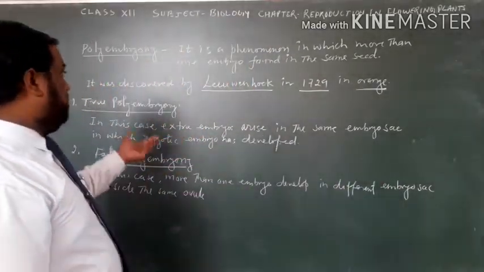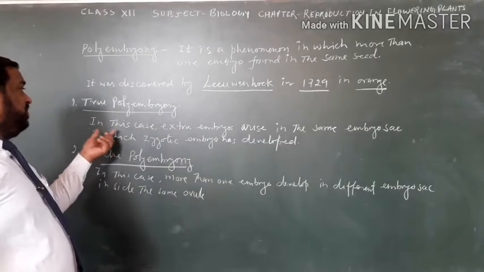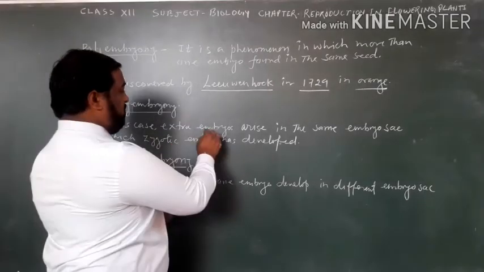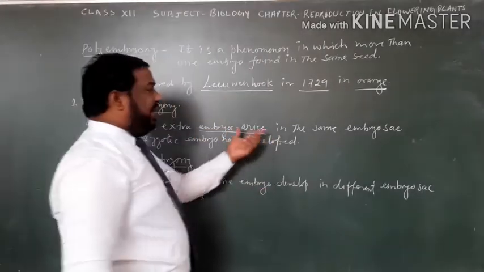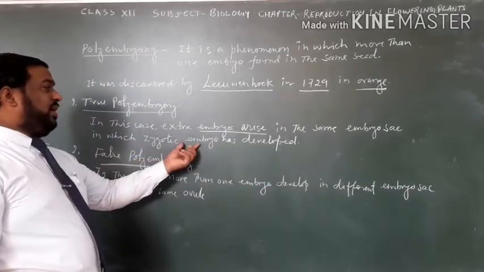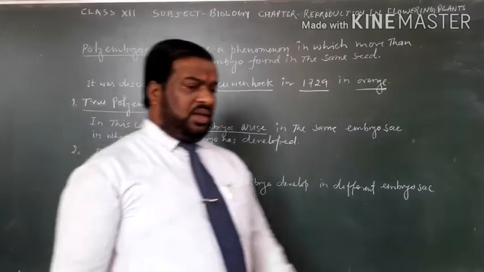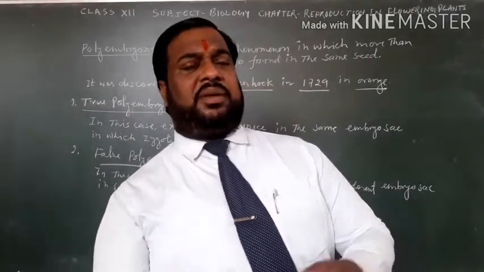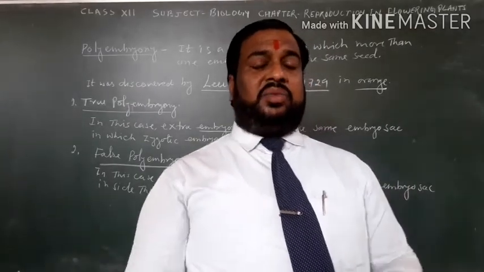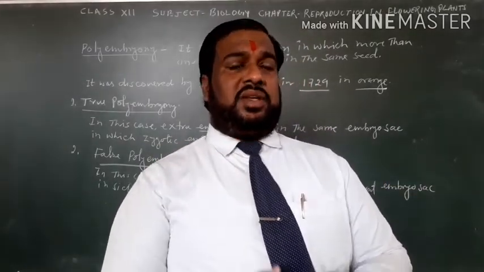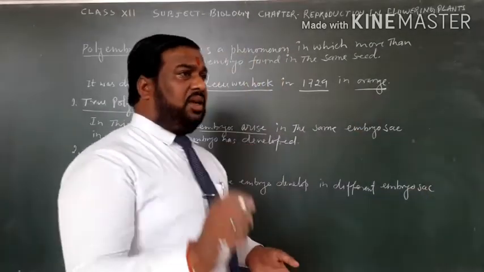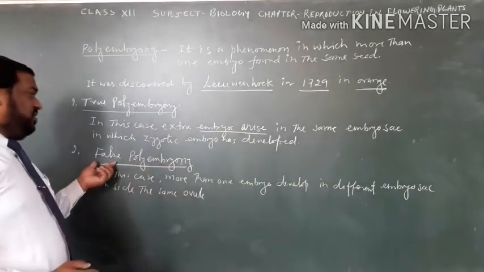So dear student, in true polyembryony, extra embryos arise in the same embryo sac in which the zygotic embryo has developed. Now second is false polyembryony.